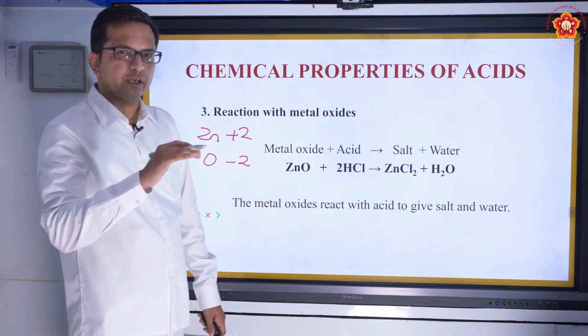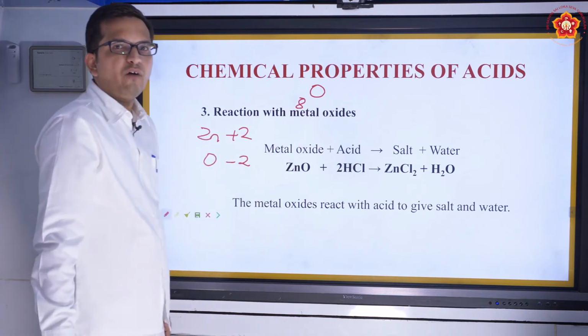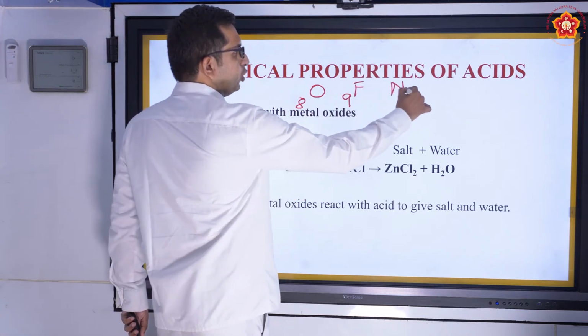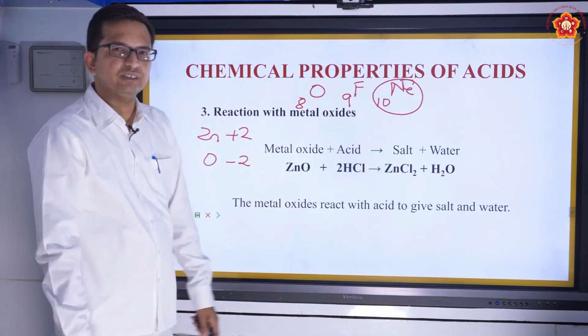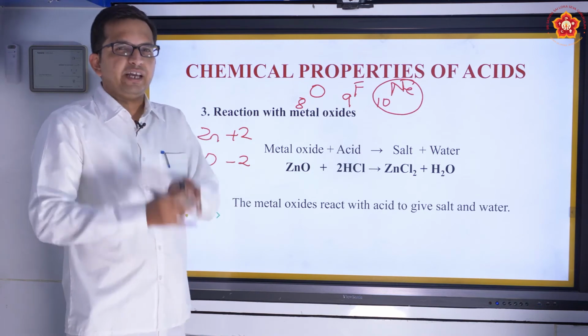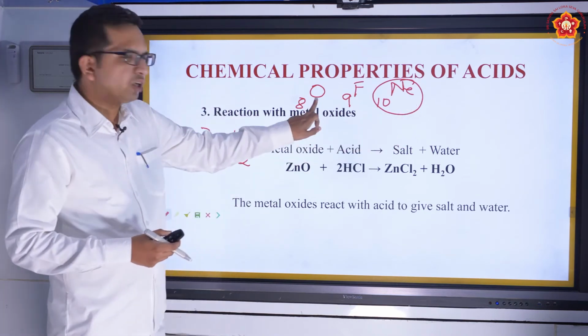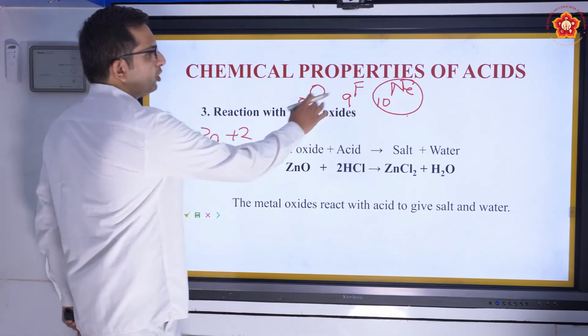You see in the periodic table, oxygen has atomic number 8. And after oxygen, you have fluorine and then you have neon. What is neon? It is a noble gas, which is a stable gas. And everybody would like to get the configuration of a noble gas. So for oxygen to become like neon, it needs 2 more electrons.